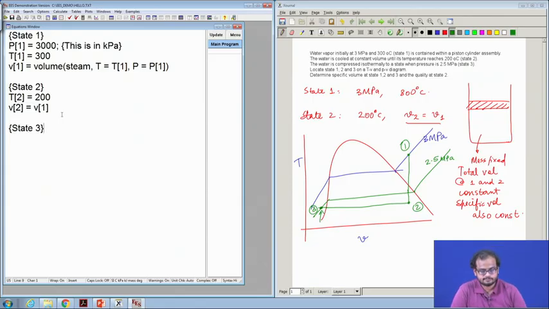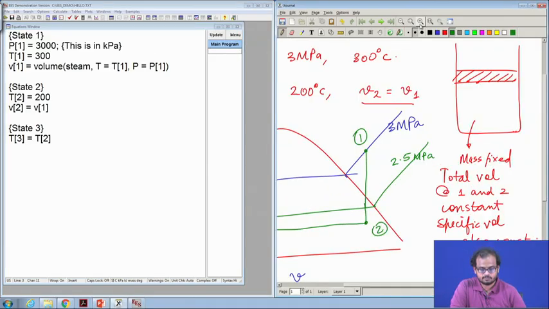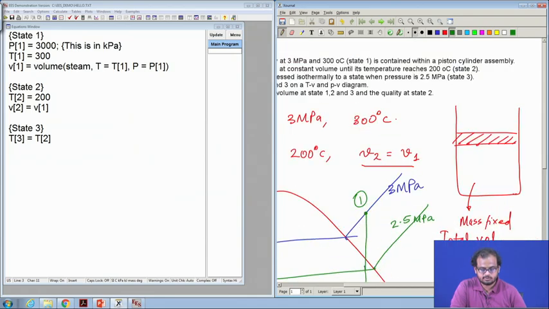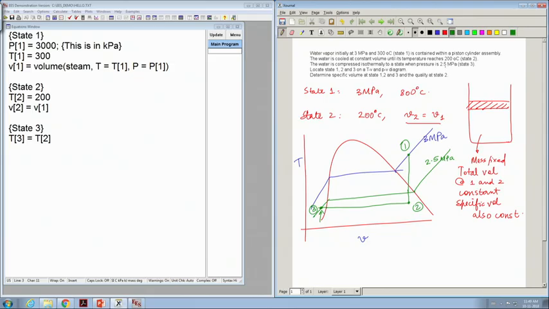State 3 is such that it is an isothermal process, and thus T at 3 will be equal to T at 2, and we know that it is isothermally compressed to a pressure of 2.5 megapascal.